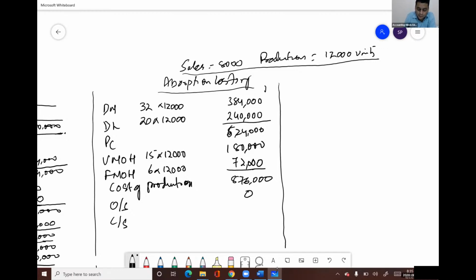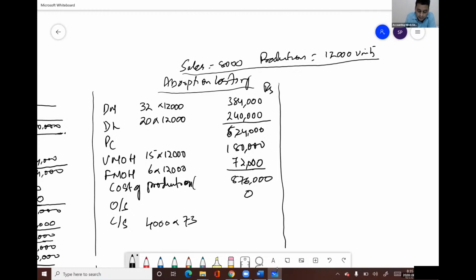This is all rupees; from rupees you will not minus units. 4,000 into 73. But where did you get this 73 from? 8,76,000 divided by 12,000. Absolutely.